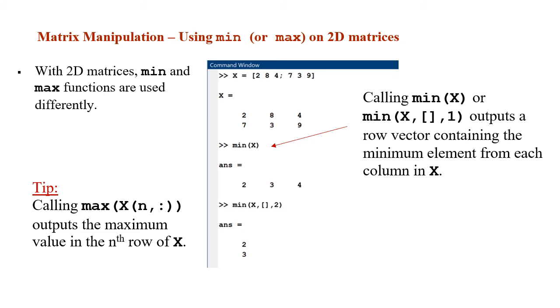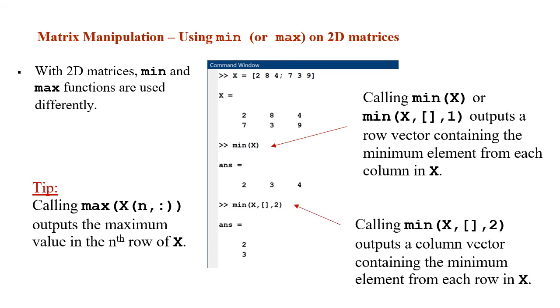Another way to accomplish this output is to call the command min x, empty matrix, 1. To find the minimum value from each row in x, meaning to output a column vector containing the smallest value in each row in x, we need to call the command min x, empty matrix, 2, meaning we want to find the minimum value from the second dimension in x.